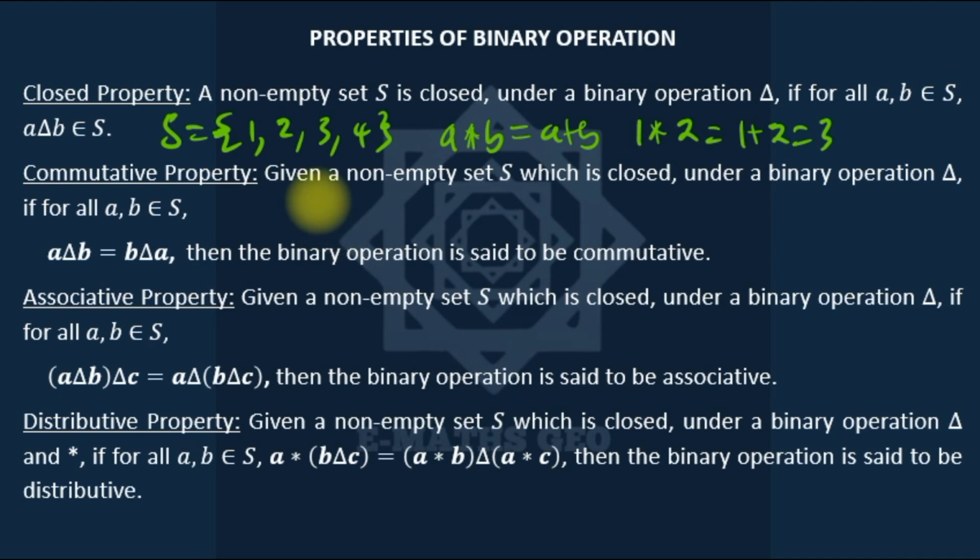So generally, in mathematics, addition and multiplication are always commutative. Now, associative. They say, given a non-empty set which is closed under a binary operation, if for all A, B, C elements of the set, then A triangle B triangle C must give us A triangle B triangle C. What we are saying is that if you are given 3 elements, and you decide to combine 2 before the third one, it will be the same thing as combining the other 2.